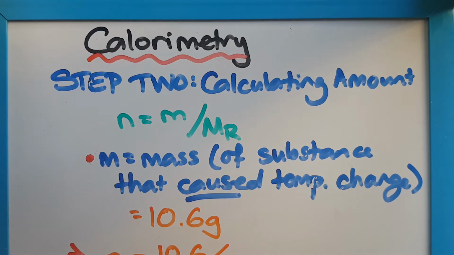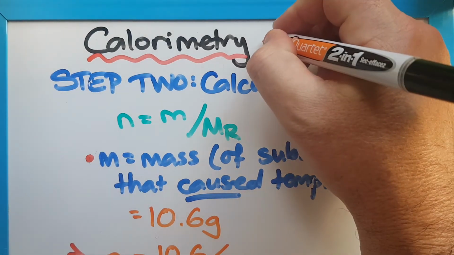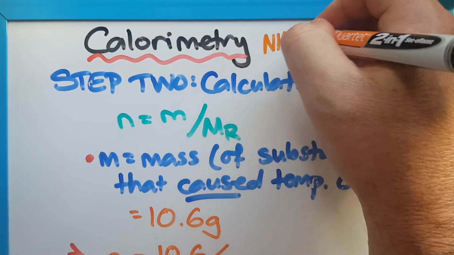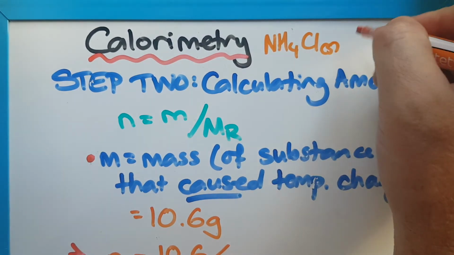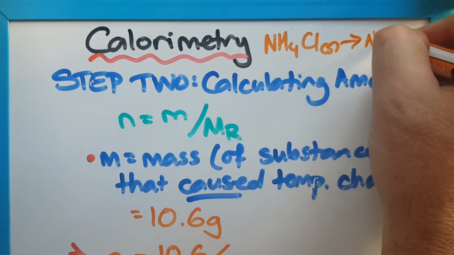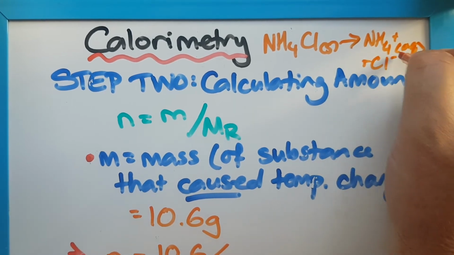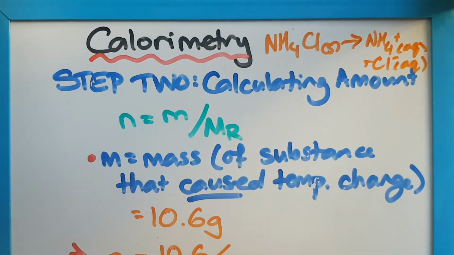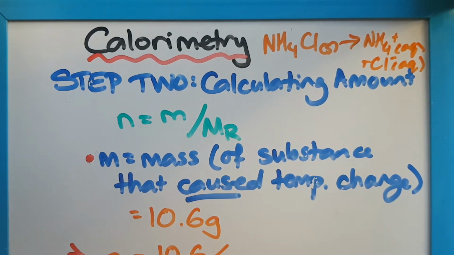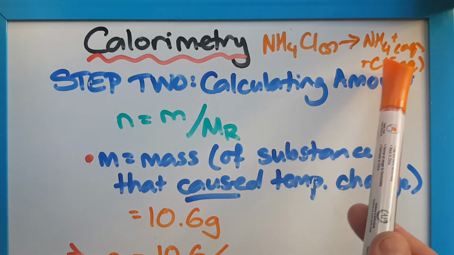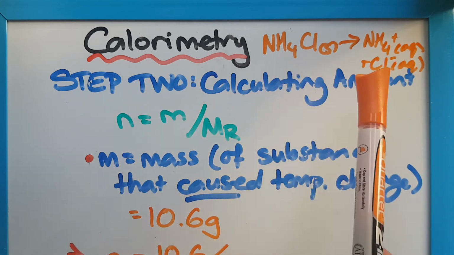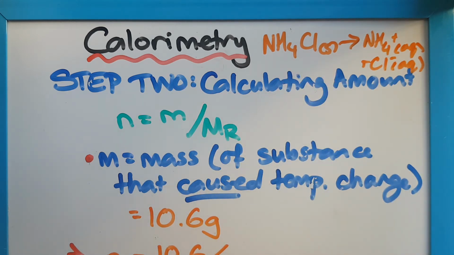The equation for this reaction is just that we've got ammonium chloride solid going to ammonium ions, which are aqueous, and chloride ions, which are also aqueous. If we have a look at that, there's no water actually in here at all. The water is implied by the aqueous part, but there's no water molecules actually shown in an equation for this.